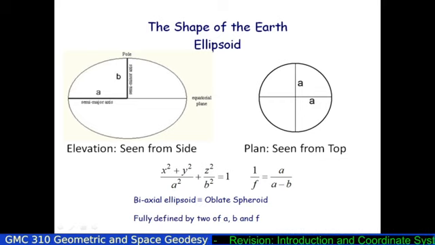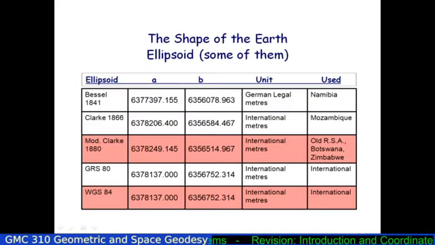You need to know that it's got an A and a B axis, and you also need to know that if you look at it from the side, it looks like an ellipse, and if you look at it from the top, it's actually a circle, and it's got a semi-major axis A and a semi-minor axis B. You don't have to worry about the equations. You can remember the 1 over F. Normally it's termed as F, which is A minus B over A, but that comes into the formulas later on.